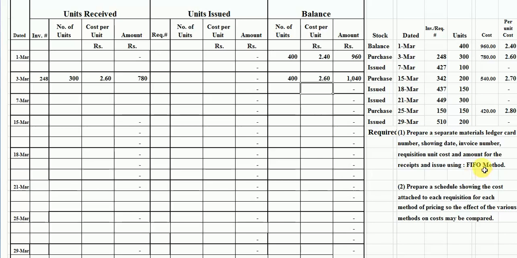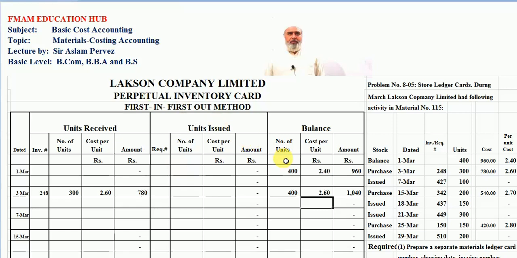FIFO means first in, first out. The company is Lexan Company Limited. The subtitle is Perpetual Inventory Card. The method is the first in, first out method.